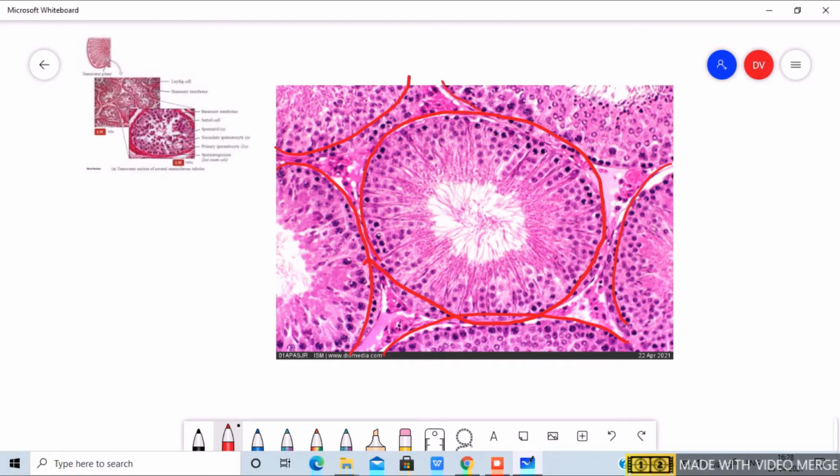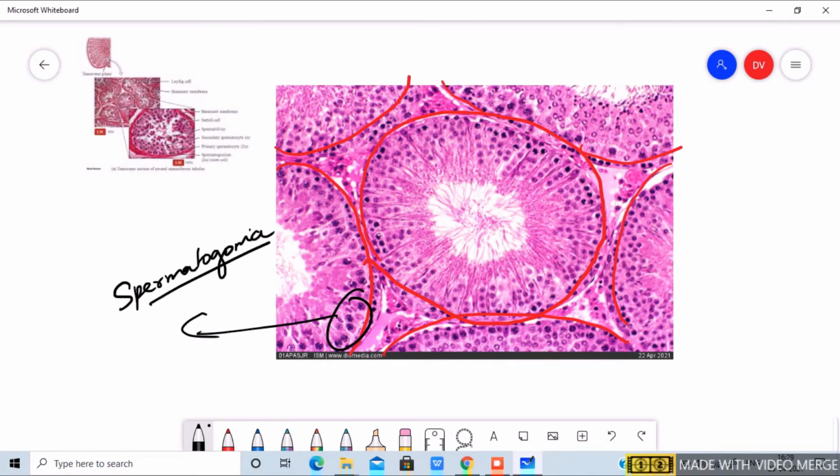And what are the black dots which you see there? The black dots which you see here are known as the spermatogonia. Spermatogonia, which is the mother sperm cell, which means the mother from which the sperm cells arise.